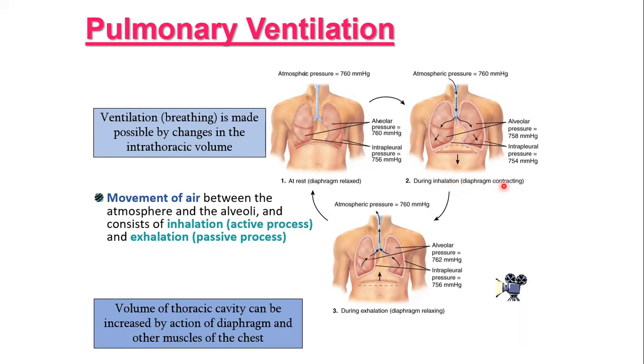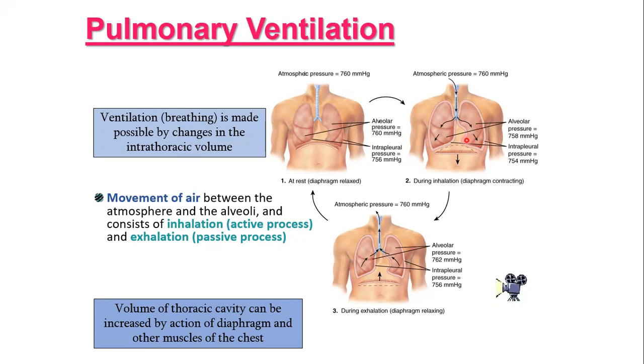The diaphragm will contract, and when it contracts, it will become flattened. This means we have an increase in the intrathoracic volume. The general rule for gases is that the pressure of a gas in a closed container is inversely proportional to the volume of this container, which means the bigger the size of the container, the lower the pressure of the gas inside this container.